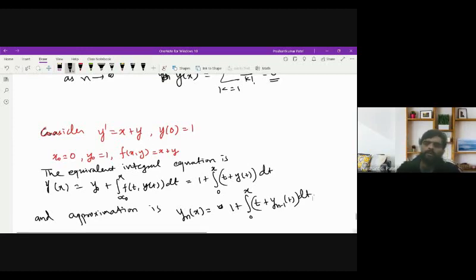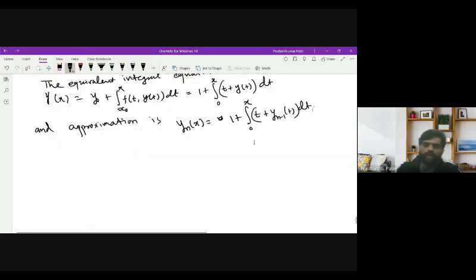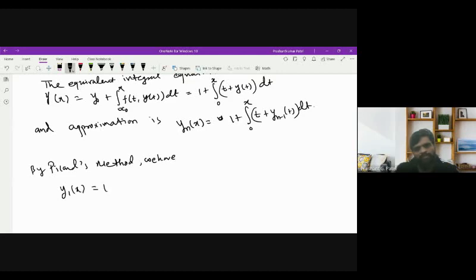Now we have y0 equal to 1. If we substitute it, now by Picard's method, y1 of x will be 1 + ∫ from 0 to x of (t + 1) dt.